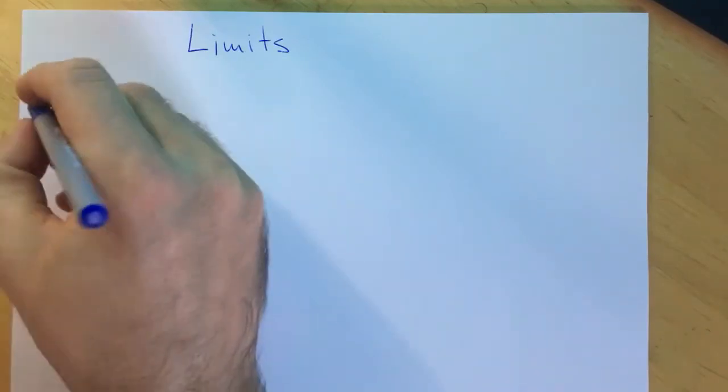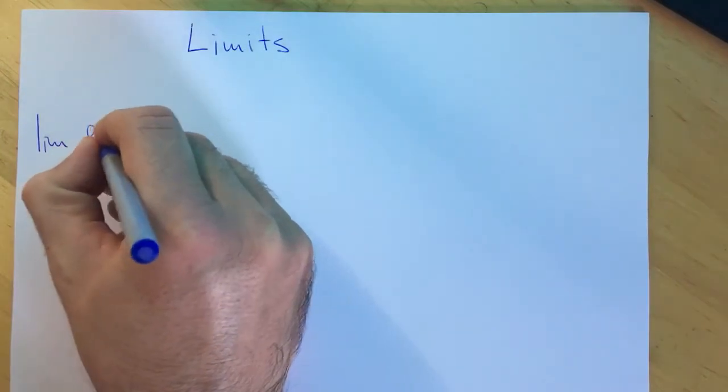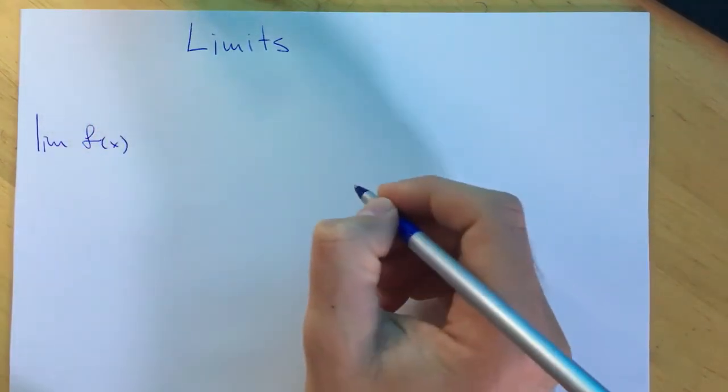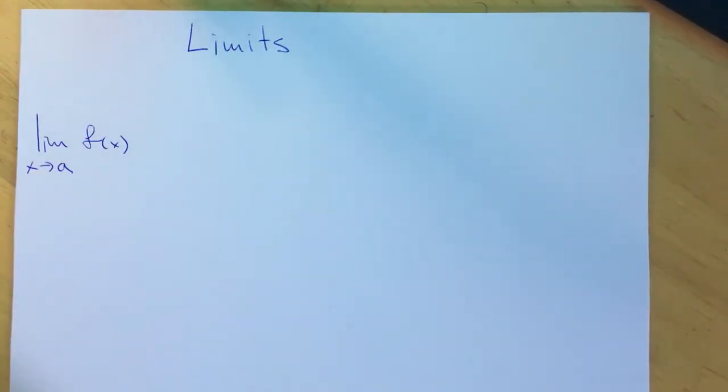So basically, first of all, we can divide all the questions about limits that you're going to see into two big groups. One of them, the first big group, is a limit of a function as x approaches a particular constant.